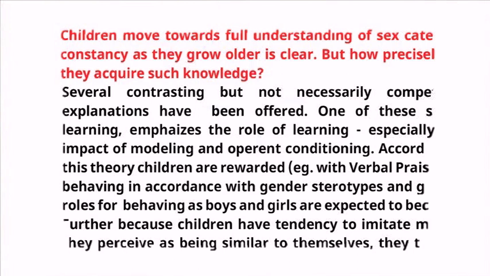Further, children have the tendency to imitate models they perceive as being similar to themselves. They tend to adopt the behavior shown by their parents, Bandura 1986 and Barron 1970.